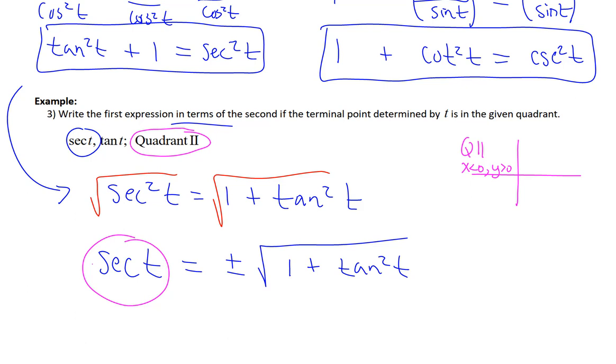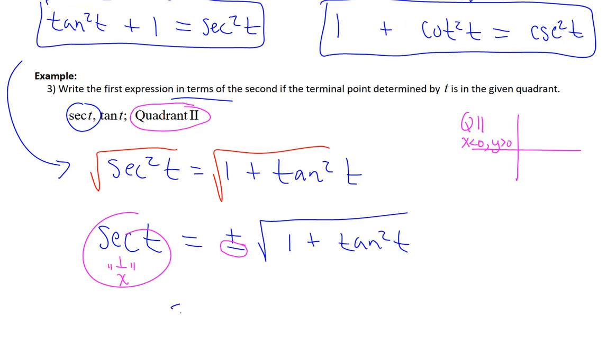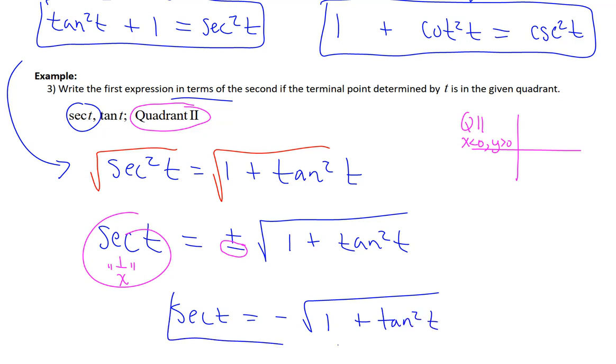And since x is negative in quadrant 2, that means the secant will also be negative, which means we're going to use that form of our answer options. So let's summarize this with one clean answer. We could say that secant of t is equal to negative the square root of 1 plus tangent squared of t. And that's writing the first expression in terms of the second one, given the quadrant that we're in.